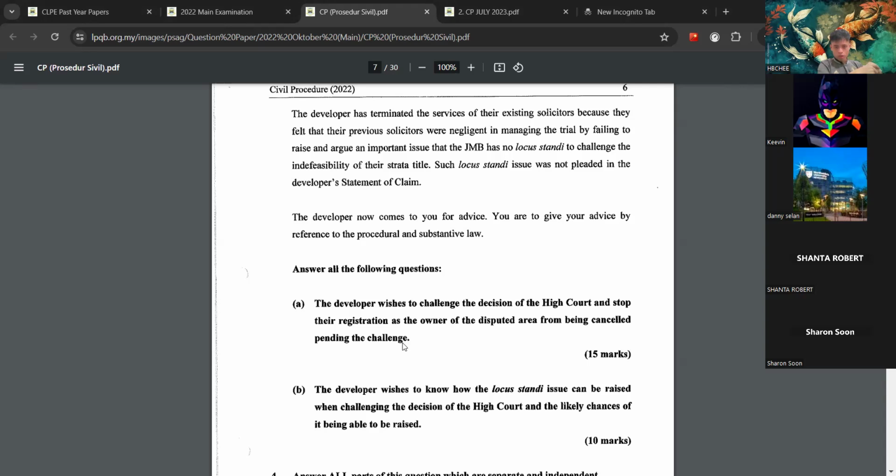Now we come to part B. Developer wishes to know how the local standard issue can be raised when challenging the decision of the High Court and the likely chances of being able to raise it.